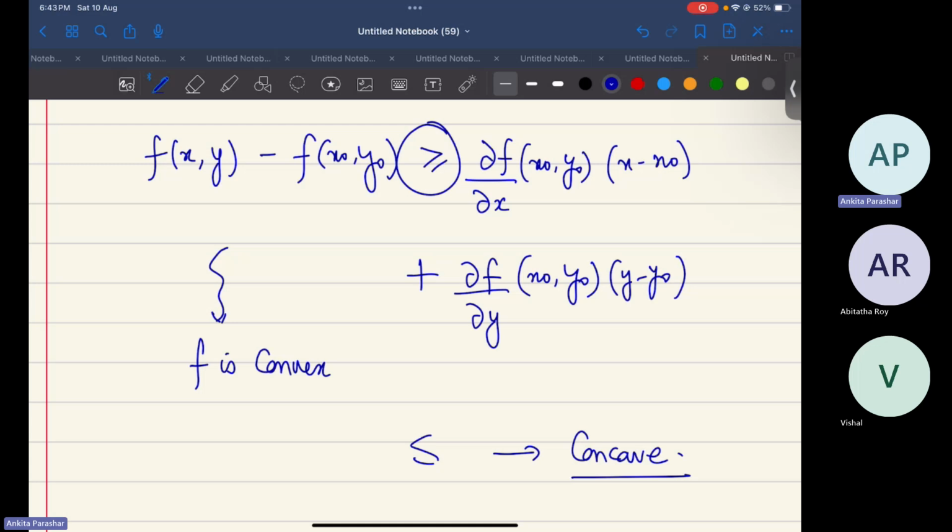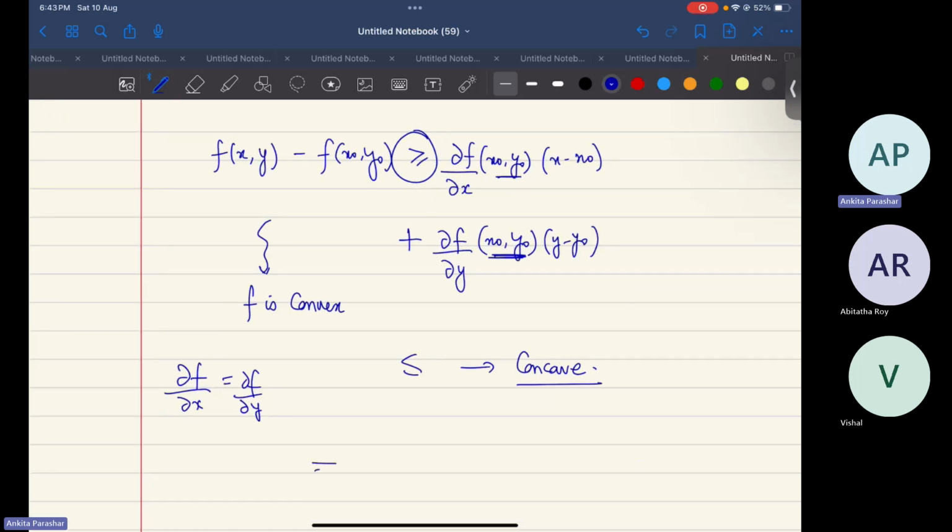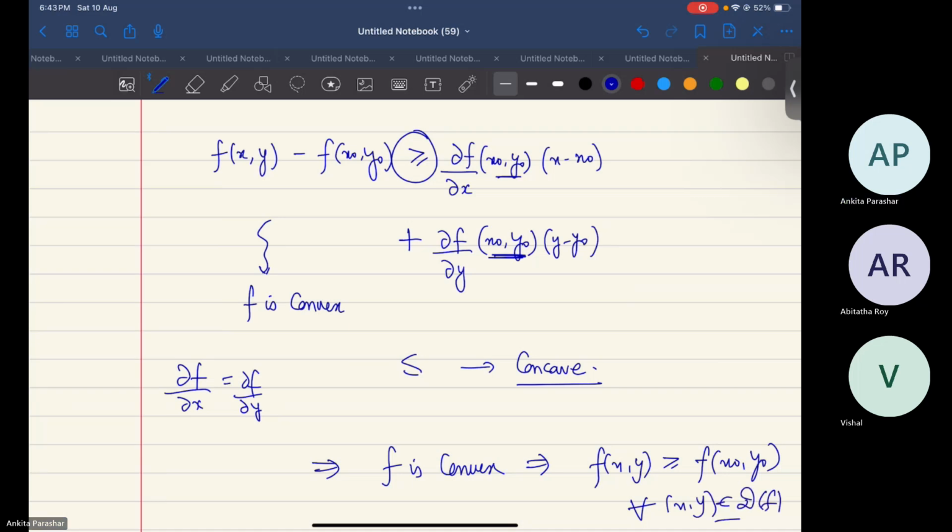If you remember, being a critical point means del f by del x and del f by del y are 0. Suppose x naught, y naught is the point at which the derivative is 0. Then f convex implies f of x, y is greater than or equal to f of x naught, y naught for all x, y in the domain of f.